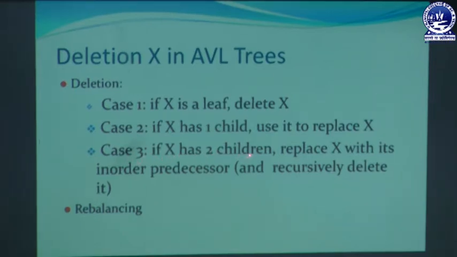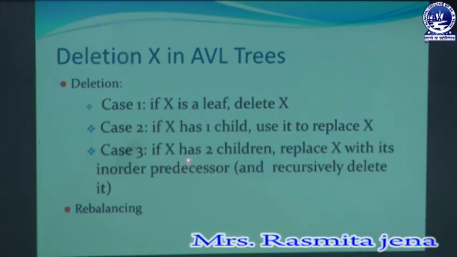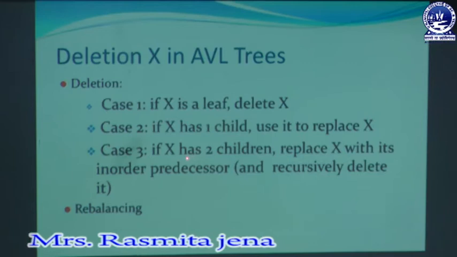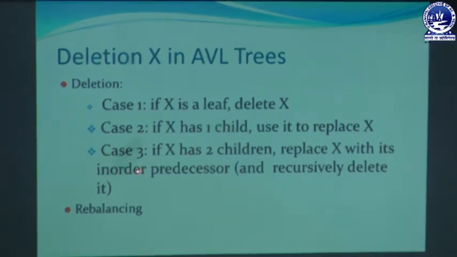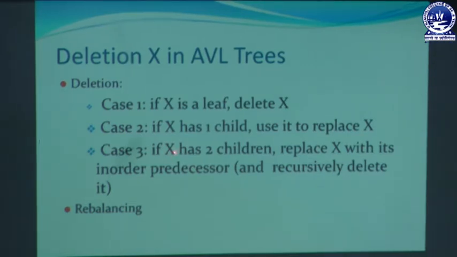If X has two children, then replace X with its in-order predecessor. So, in case 3, we must traverse that AVL tree based on the in-order procedure. When we delete X from the AVL tree, we replace this node by its in-order predecessor and recursively delete it.